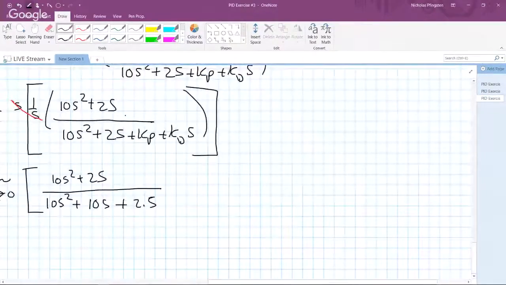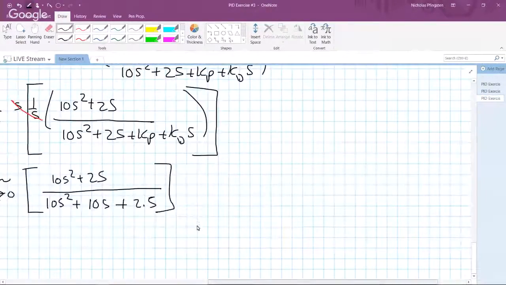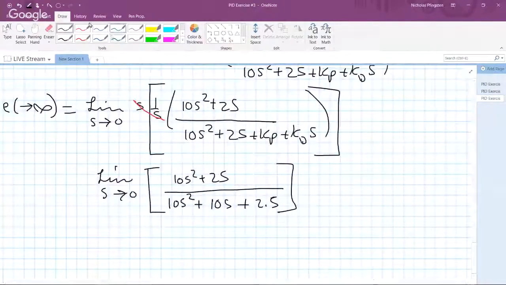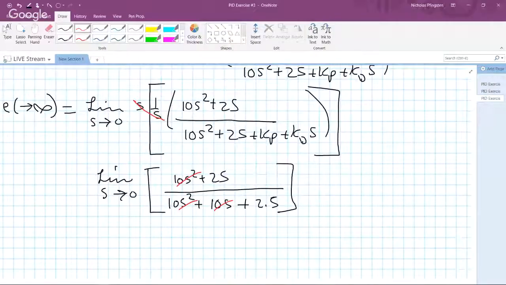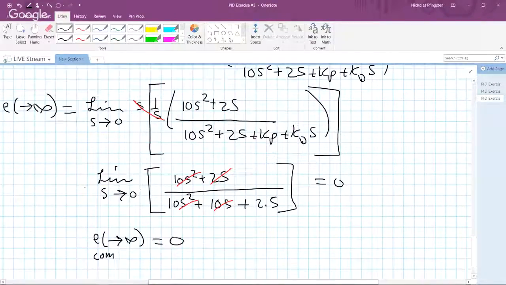So you plug in 0 for everything. And if you plug in 0, these go away. And you're left with 0. So E is 0.